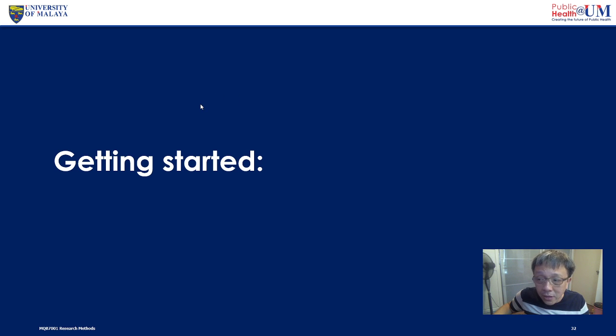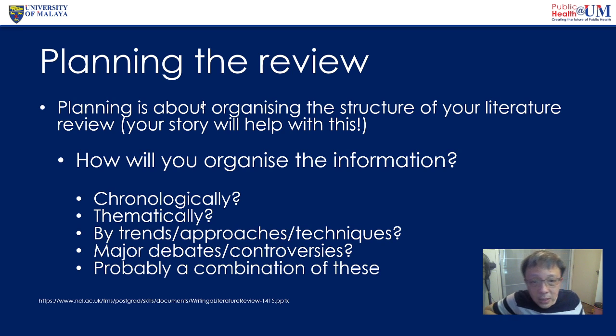So getting started. How do you get started? You must plan for your review. Planning is about organizing the structure of your literature review. How will you organize the information?